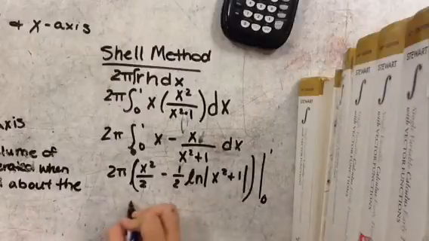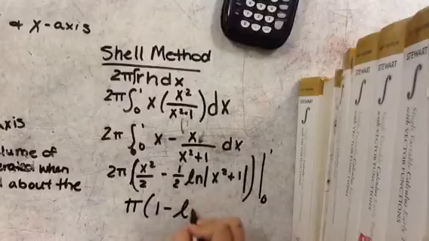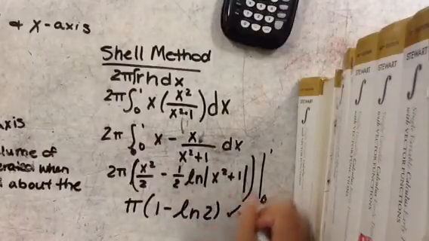So that will be pi times 1 minus ln of 2 for your answer.